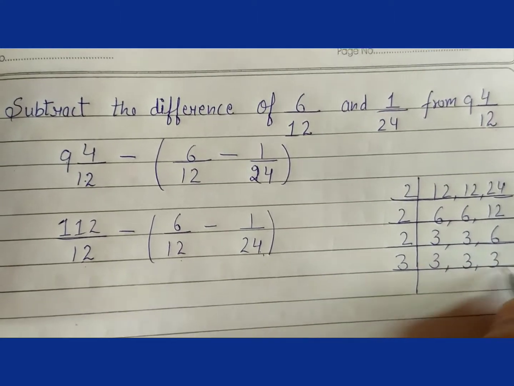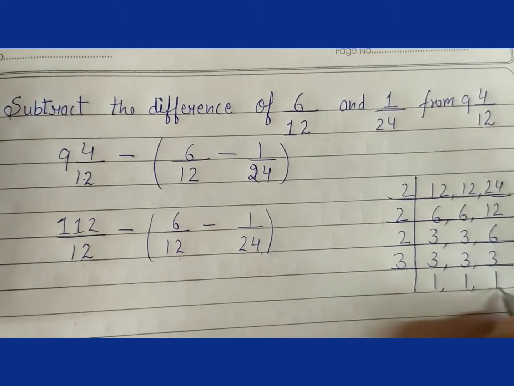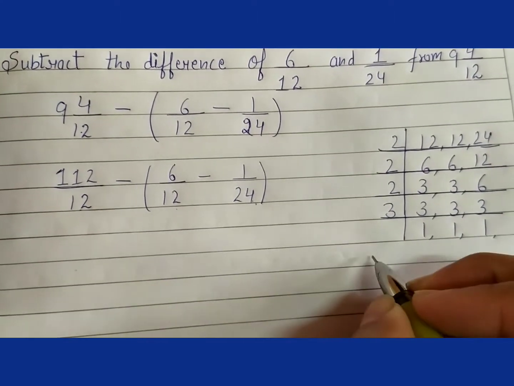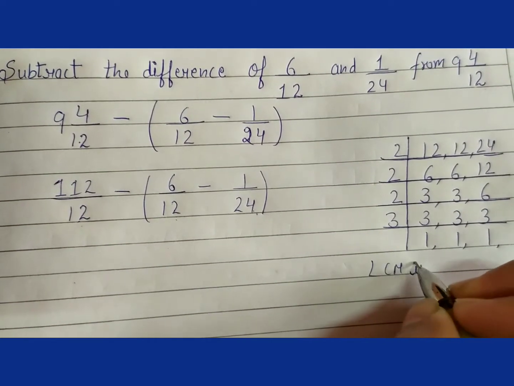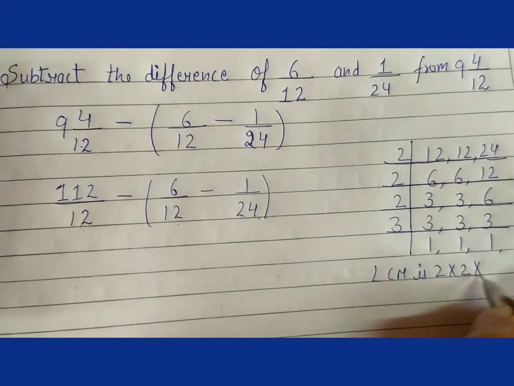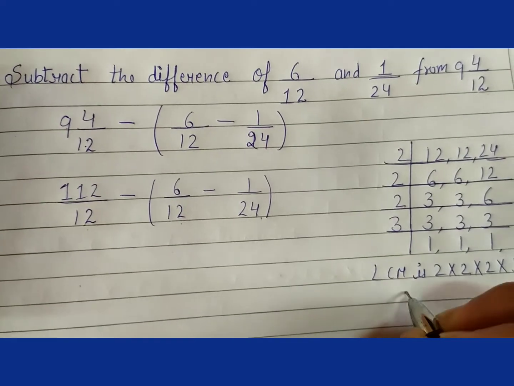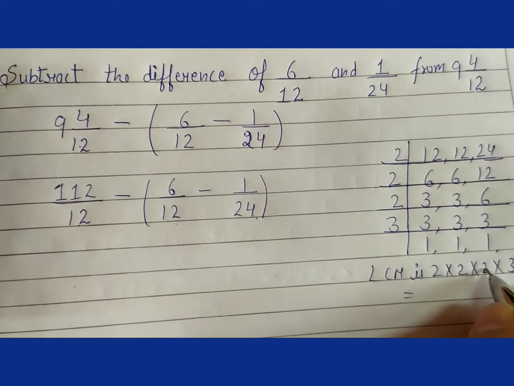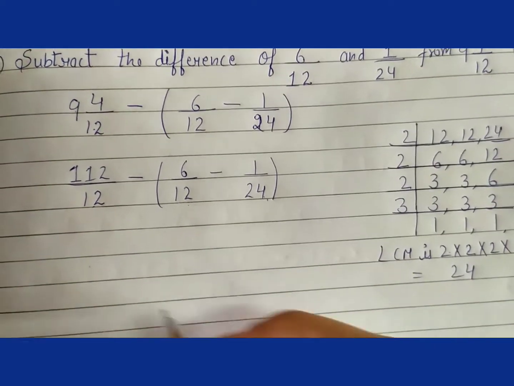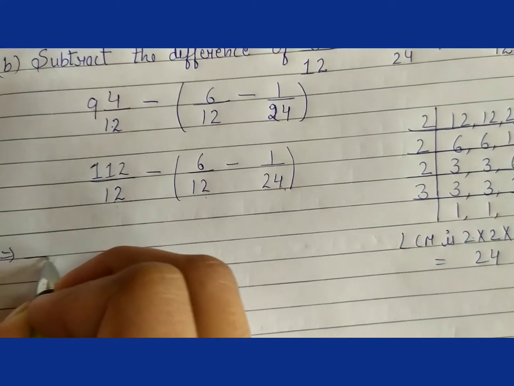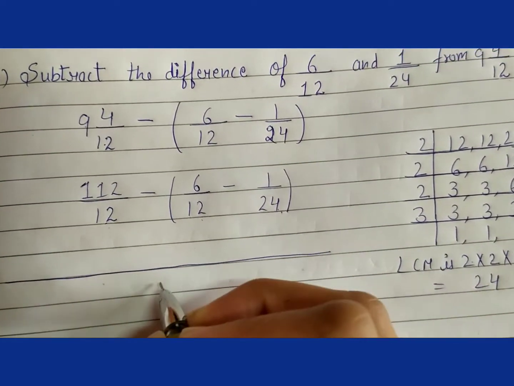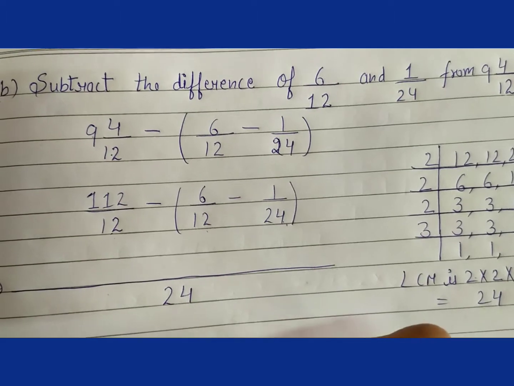Write 3, 3 1s are 3. Children, LCM is 2 multiply 2 multiply 2 multiply 3. 2 2s are 4, 4 2s are 8, 8 3s are 24. Your LCM is 24. Write 24 in the denominator. It is a common denominator.